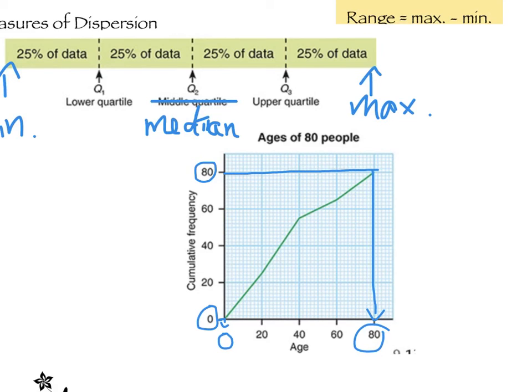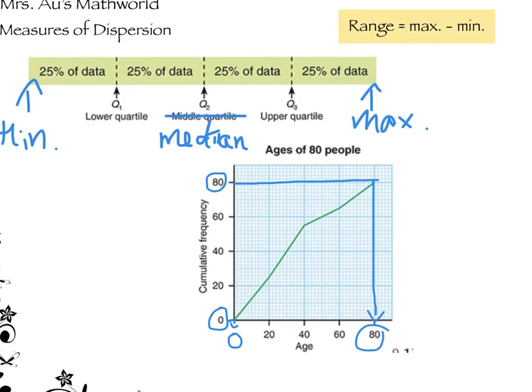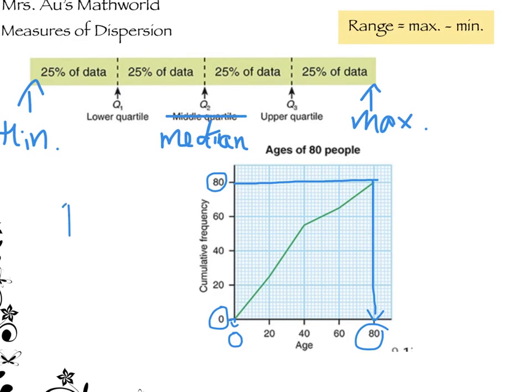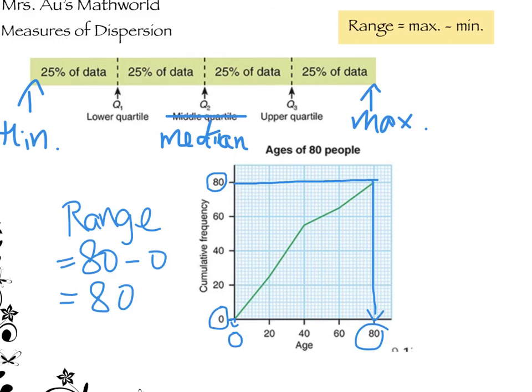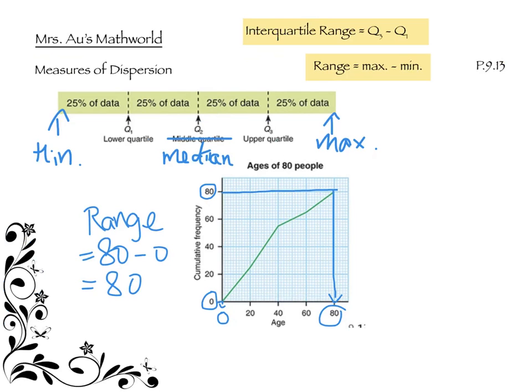So the range will be 80 minus 0, which becomes 80 again. Basically, this is the way of finding the 5 most important values in statistics.